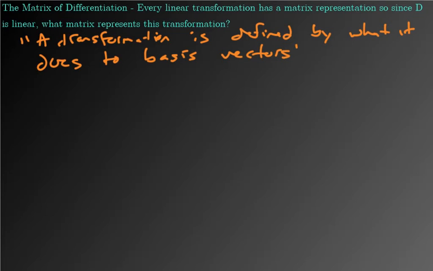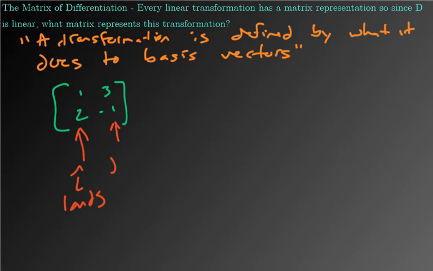One of the first things that we saw way back in this course in some of these beautiful 3Blue1Brown videos is he was talking about how if you have a matrix like 1 2 3 negative 1 or something, this vector right here represents where i hat lands post transformation, while this one is of course where j hat lands. And so I'm basically just going to utilize that idea, okay? And that's what this statement that I was talking about in the last video really means. It says you can figure out what a matrix will be if you just look at what it does to basis vectors.